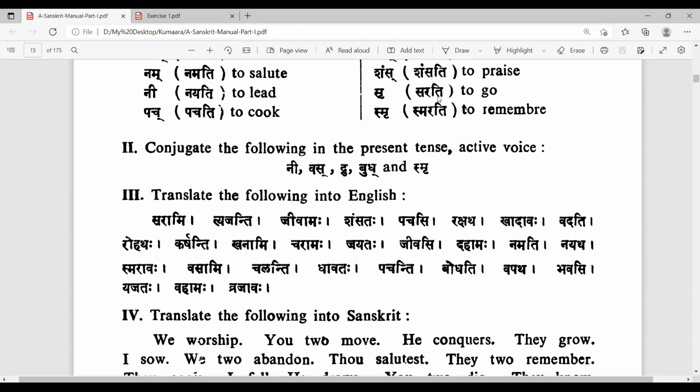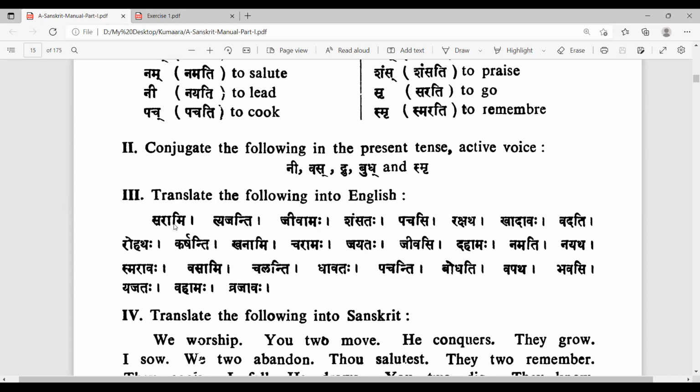Srij means to create. Here, Sri, I go, is sarami. Samyak sarati iti samsarah. Sarami, I go. Sometimes this is the translation they use. Aham sarami, you would say. Gacchami. Aham sarami. Okay, next one, quickly.